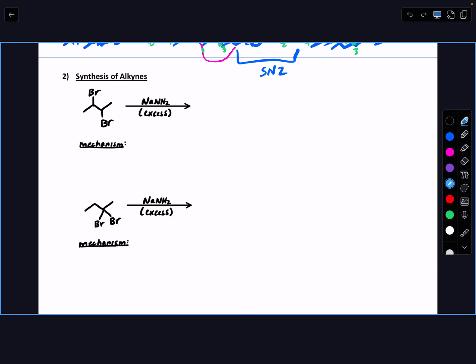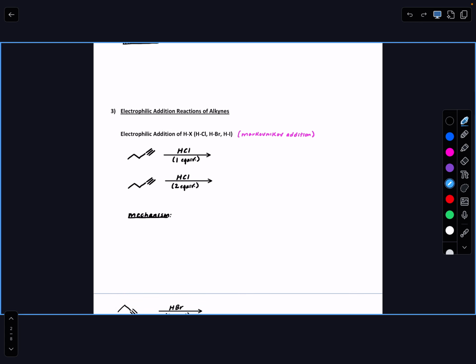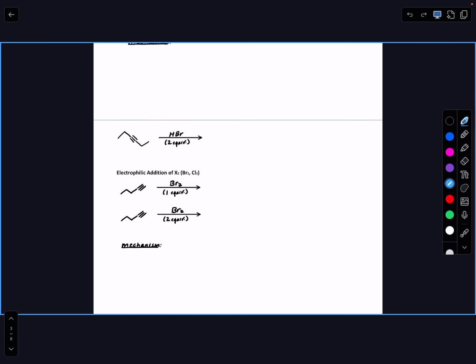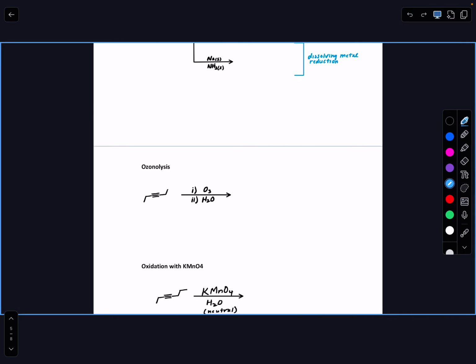Stands to reason that if you have 2 halogens properly situated relative to one another, you could do 2 eliminations back to back, and that would give you a carbon-carbon triple bond. So these both are basically going by a double E2 elimination to give us the alkyne. And then the good news is all of these are just alkene reactions that can happen either once or twice on an alkyne. That's ultimately pretty much the rest of the chapter.